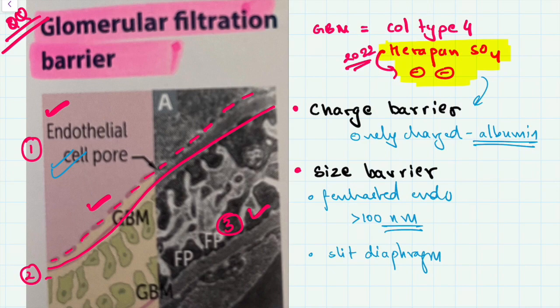And it is a special channel in the podocyte. It prevents the entry of molecules which are more than 4 to 5 nanometer in size. So the endothelial layer will prevent the entry of molecules which are more than 100 nanometer, while the slit diaphragm prevents the filtration of molecules which are more than 4 to 5 nanometer in size. This is very important.